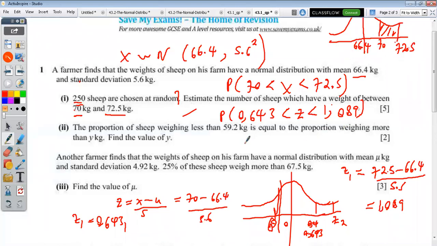So it's simply phi of 1.089 minus phi of 0.643. Let's go and find phi of 1.08. I'm sure you have 1.0 there on your first column, then you go across to 8 there, then you look for that value, then you add an extra digit on the 9.